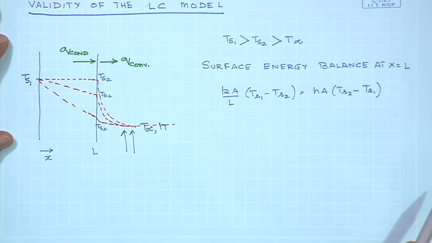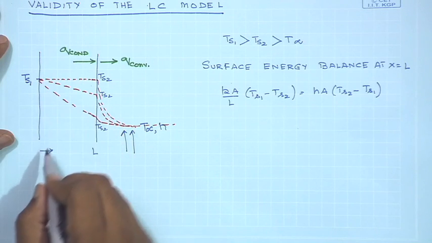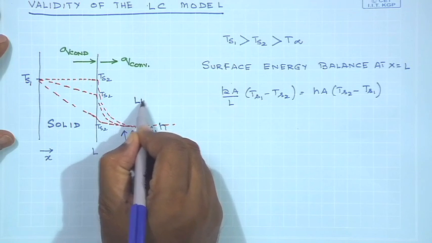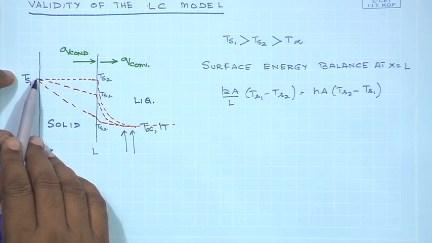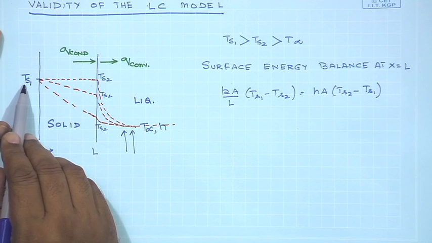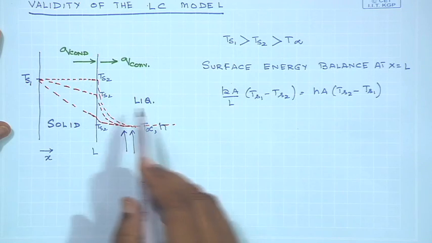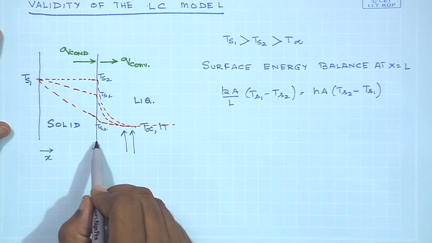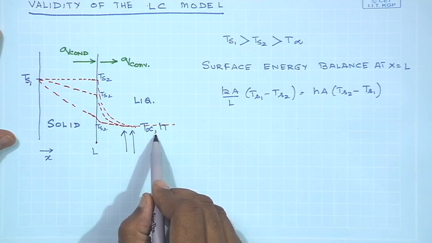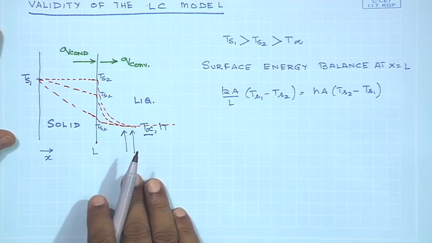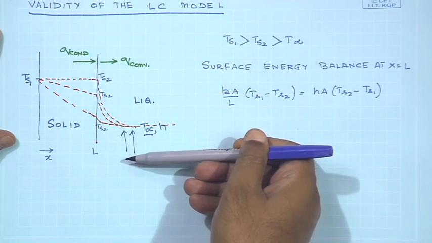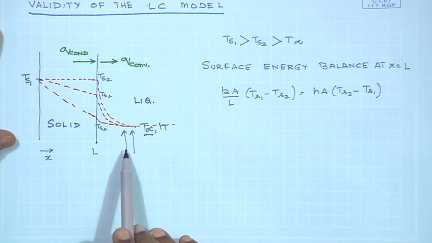LC model, the lumped capacitance model. Let us say this is a solid object which is in contact with a liquid. The temperature of the solid at x equal to 0 at this location is arbitrarily denoted by Ts1, whereas the temperature at the other end of the solid, which is in contact with the liquid, is Ts2, and the temperature of the liquid far from the solid wall is T infinity. There is a flow of a fluid past the solid object which would carry heat away from the solid because of convection.